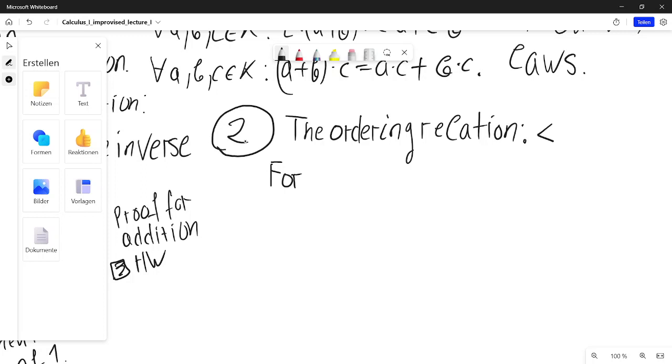The ordering relation: for a, b element of k, we have one of the following two properties of the pair AB.